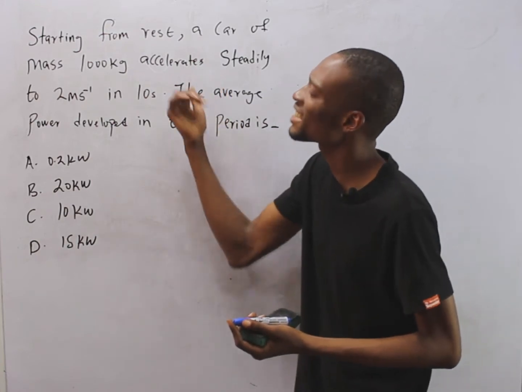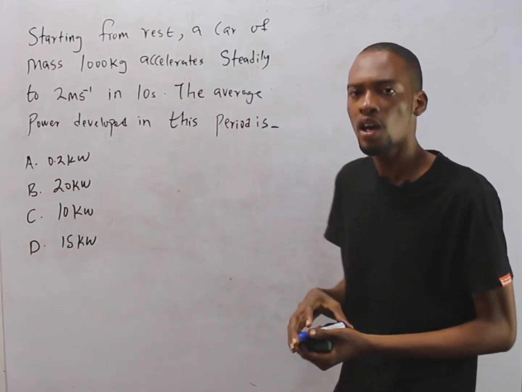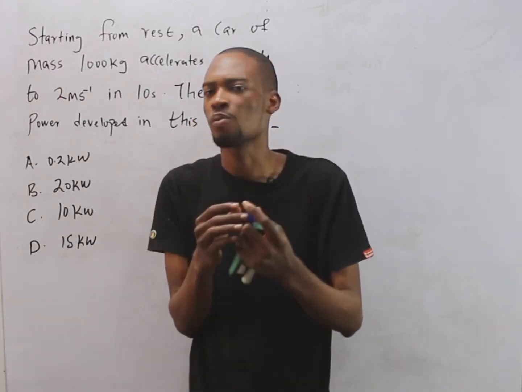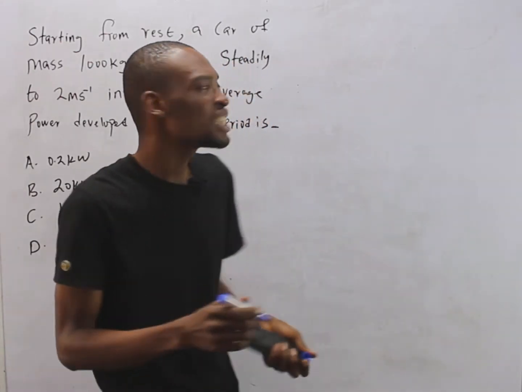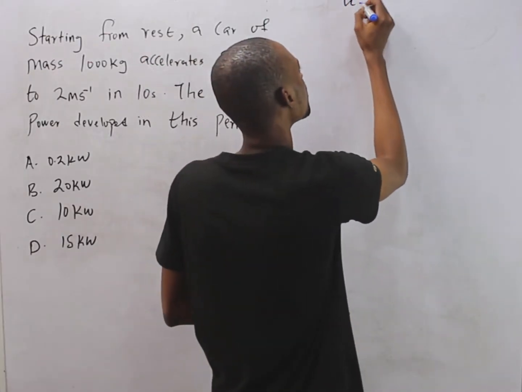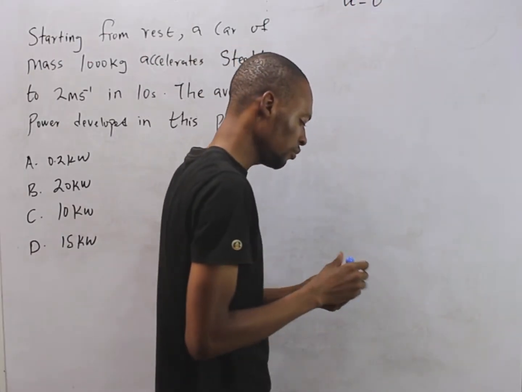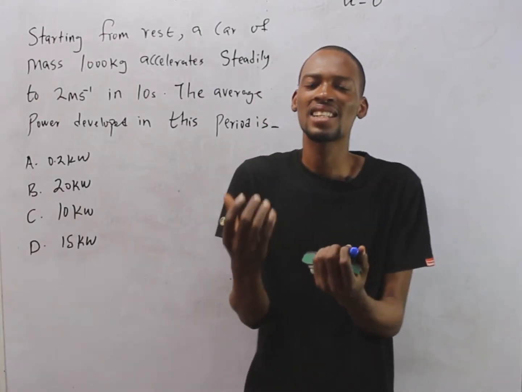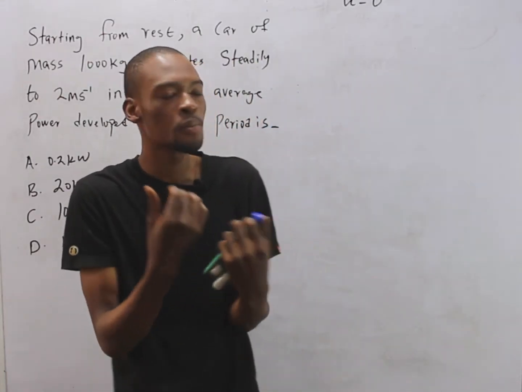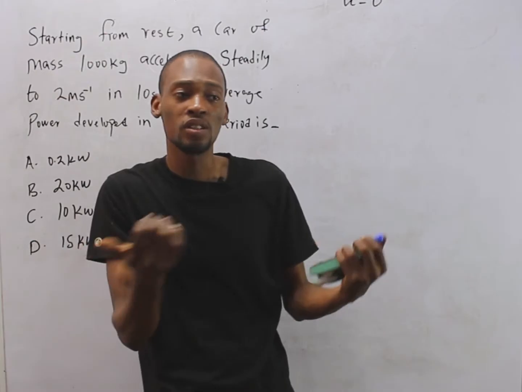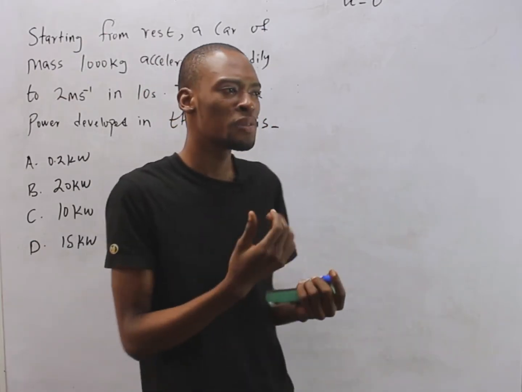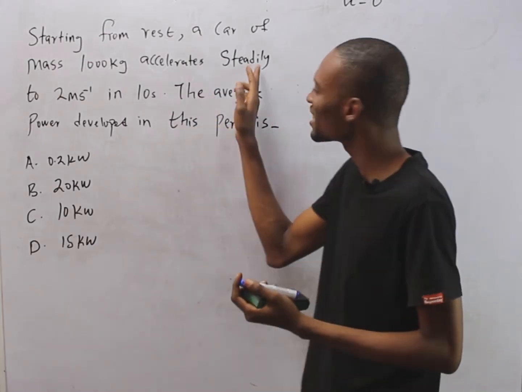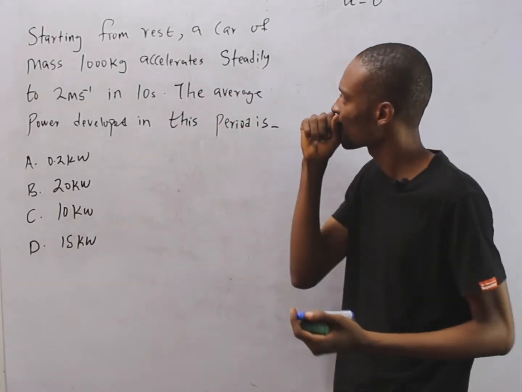It says starting from rest. Whenever a question tells you that a body starts from rest, this means initial velocity equals 0. It is an indirect way of telling you that the initial velocity of the car, or of the object, equals 0, which means it accelerates steadily or uniformly.